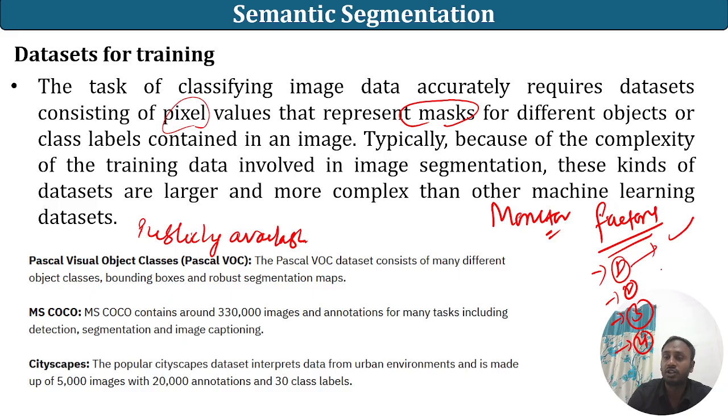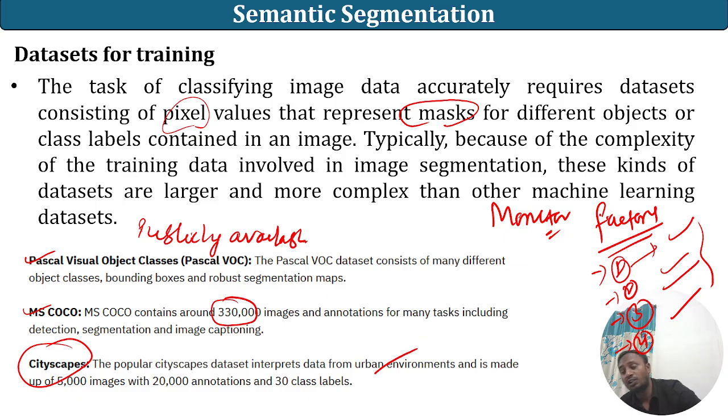Sometimes data sets are also available publicly, like Pascal VOC and MS COCO, which have around 330,000 images, and Cityscapes for the urban environment, so you can go and run the CNN model on them.